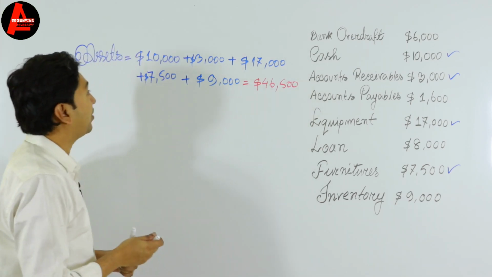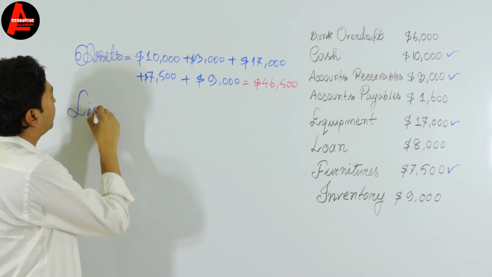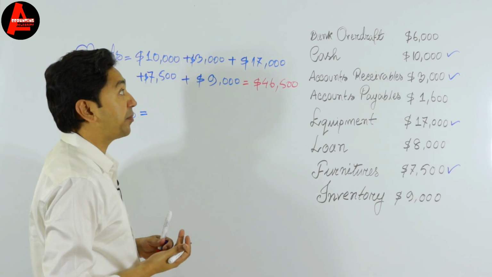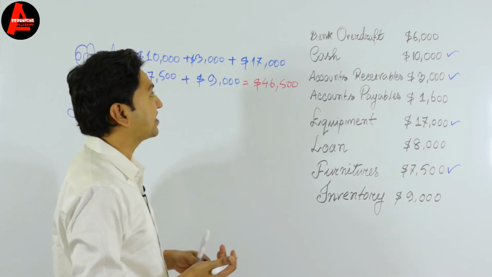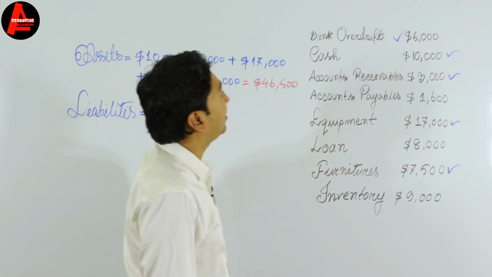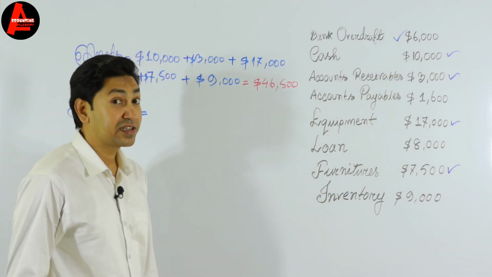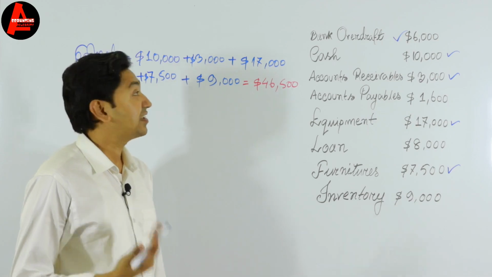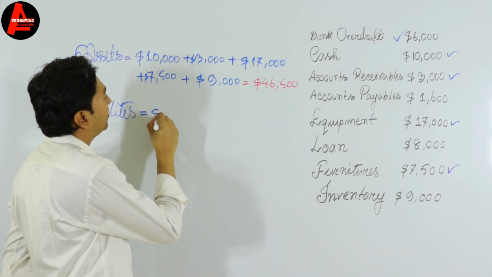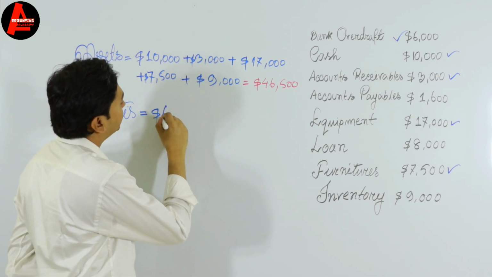Let us write here liability is equal to, so here first one, bank overdraft. Yes, it is our liability. What type of liability it is? Yes, it is a current liability. So let us write here plus $6,000.